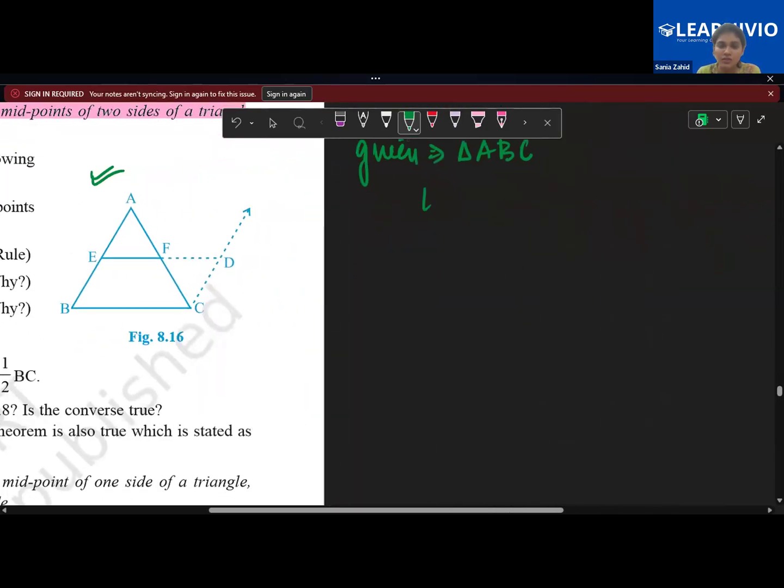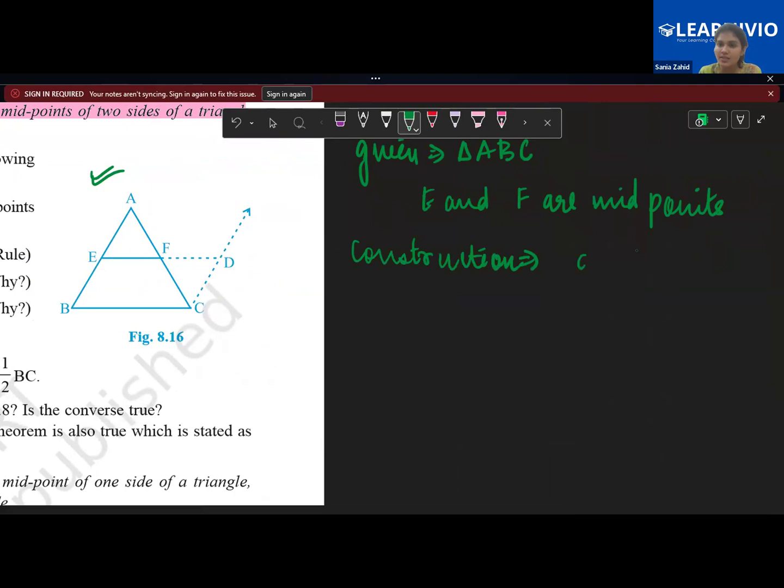This is also given. And what is the construction? The construction that you do is CD parallel to AB. So that means you're drawing this line parallel to this line. Got it?